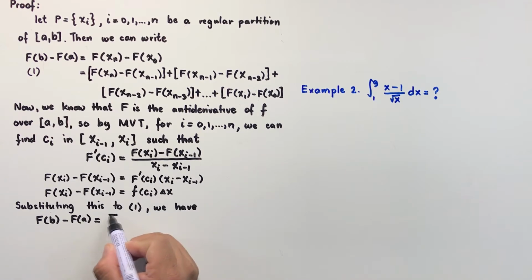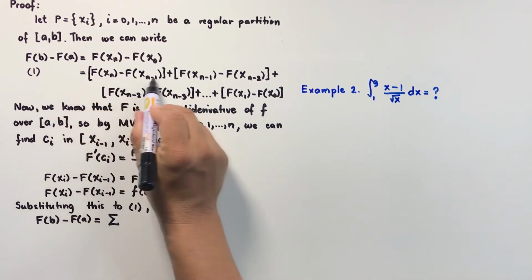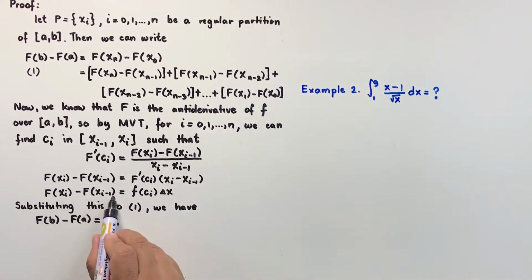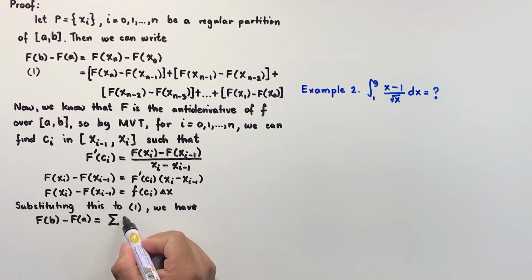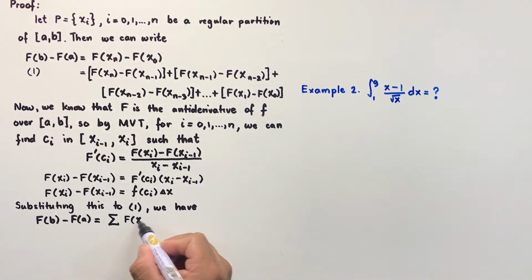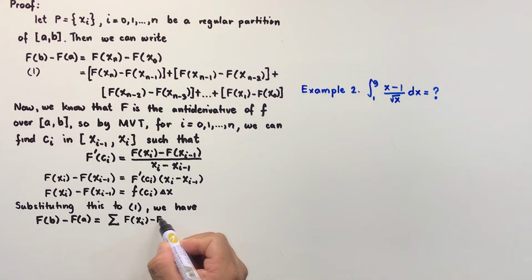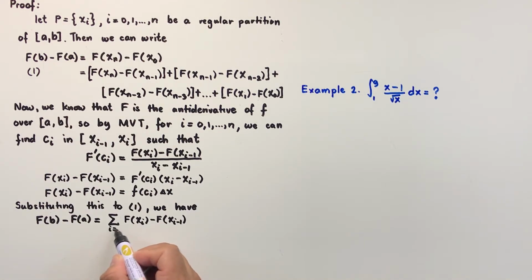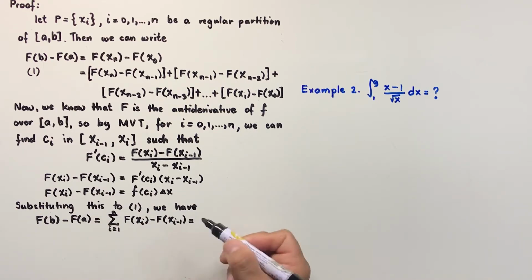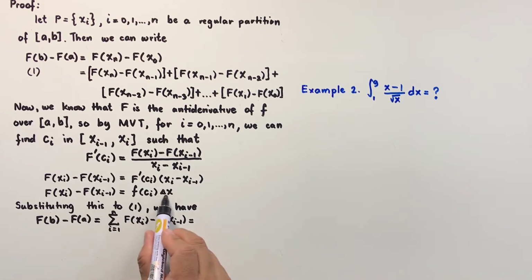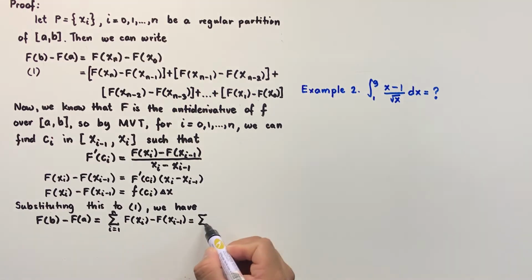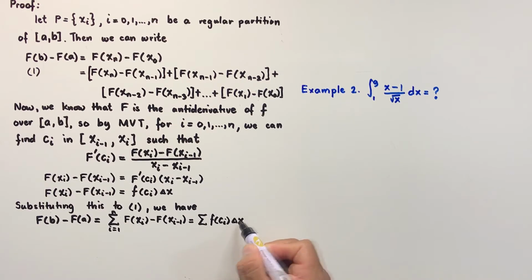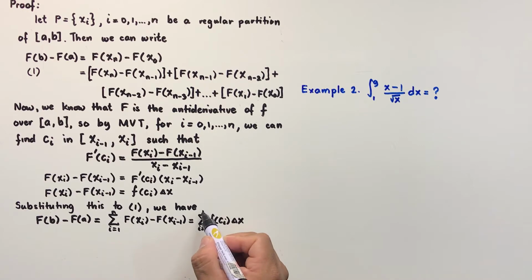We have this summation, which is the sum of all differences of the big F over every subinterval, which is this one here. So we write the big F of x sub i minus the big F of x sub i minus 1, where i is from 1 to n. So instead of writing this one, we will write this one here, which is the sum of the small f of c sub i times the subinterval delta x, where i starts from 1 to n.